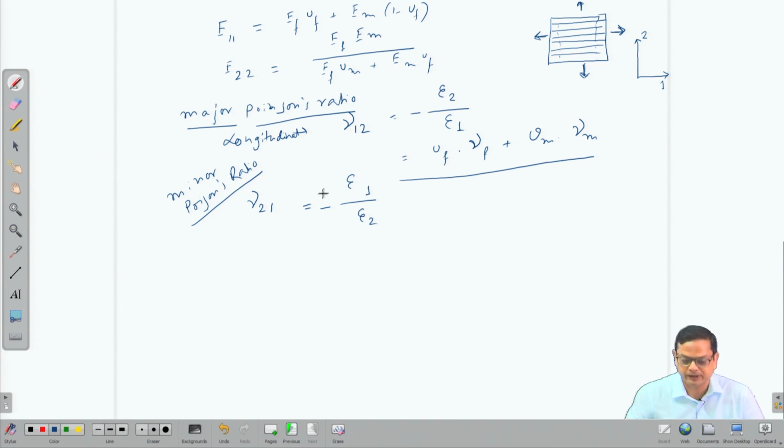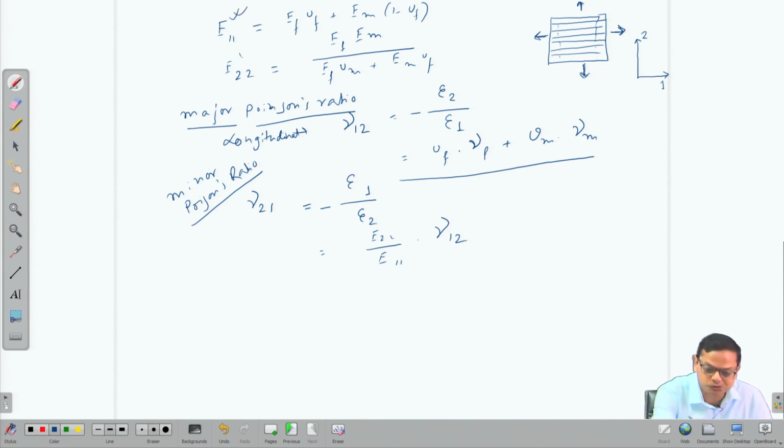So, it will be negative epsilon 1 over epsilon 2, and that will be equal to nu 2 1, which equals E 2 2 over E 1 1 multiplied by nu 1 2. Okay. So, from here you can get the value of E 1 1, E 2 2, and also you can get the major Poisson's ratio and minor Poisson's ratio.